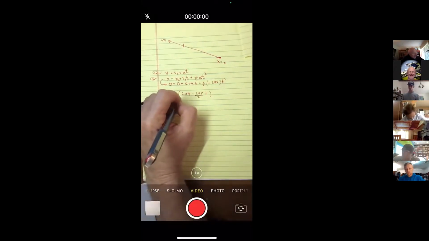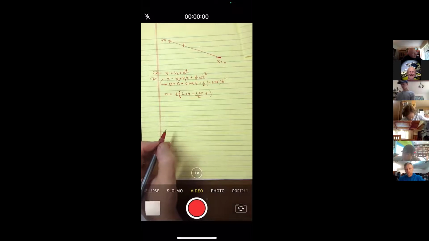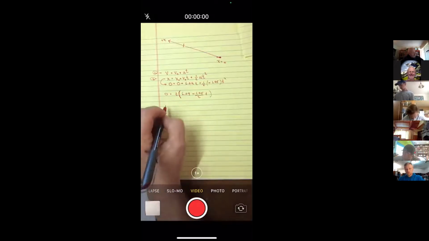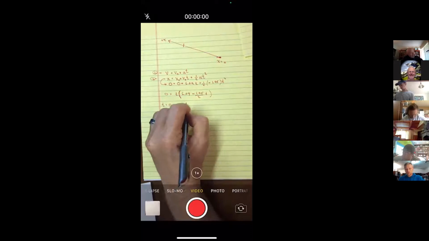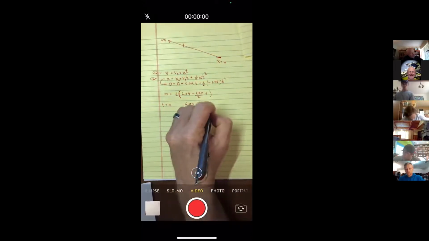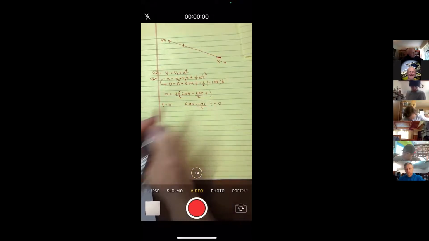And this reminds me of a nice algebra problem where I have 2 factors that when I multiply them together, I get 0. And that means either the first factor is 0 or the second factor is 0.